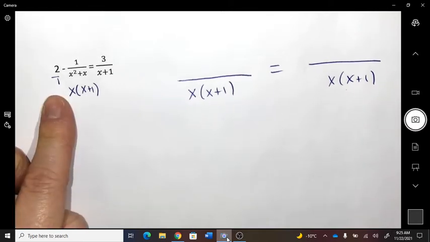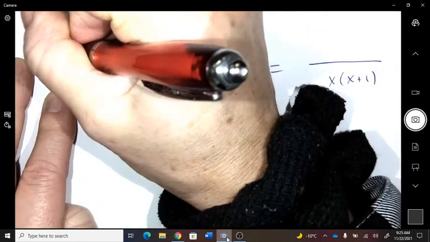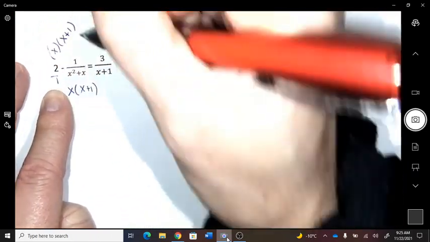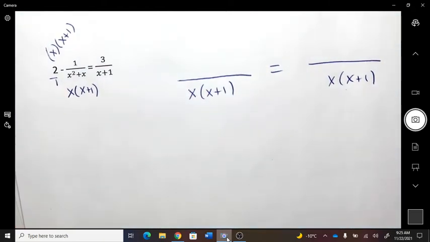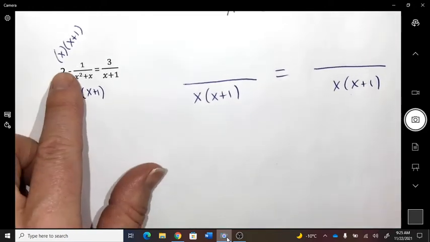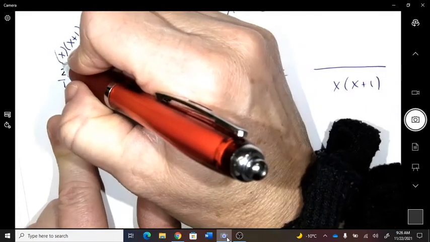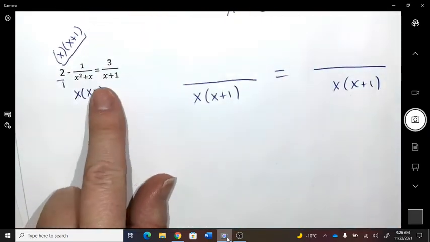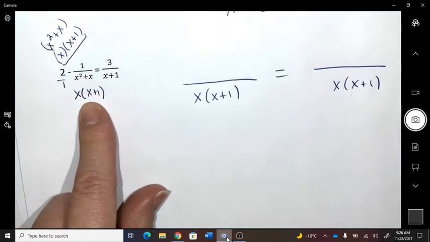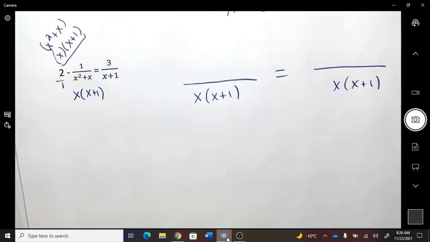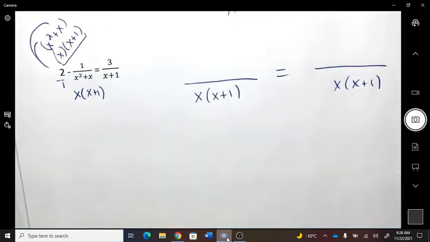Okay, so the first fraction, you used to have a 1. So therefore you multiplied it by an x and an x plus 1. Okay, so multiply 2 of these things together first. So I'm going to pick these two because that multiplies to x squared plus x, right? Because I already knew that on the bottom there, right? Then I still have to multiply it by 2 yet.